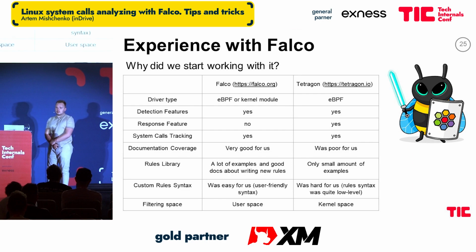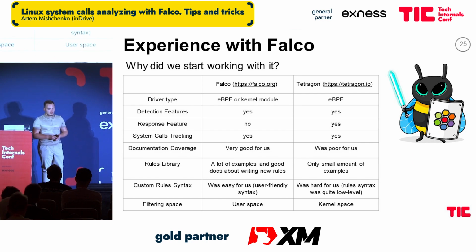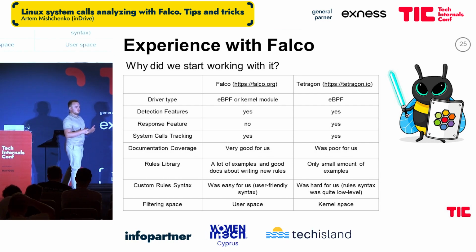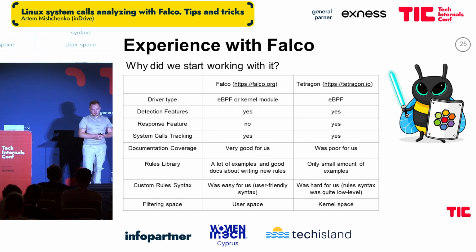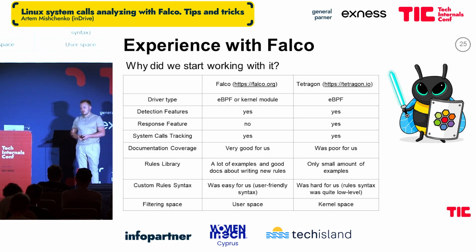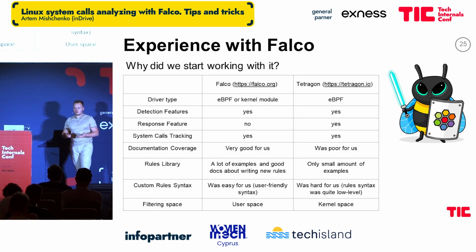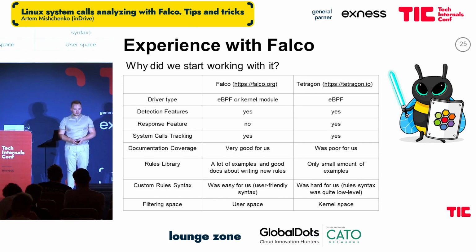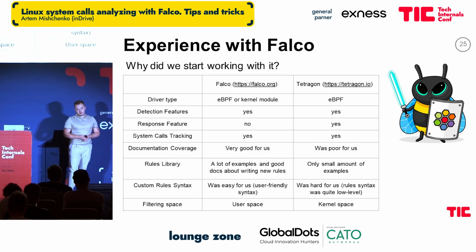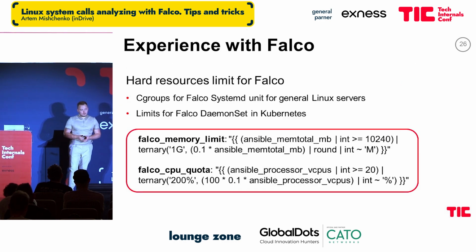And the rules syntax in Falco and in Tetragon is different. And with a small team, with a small amount of resources, we decided to start working with Falco, despite it processing its rules and events in the user space. It was a concern, but we decided to start working with it, and we have nice results now.